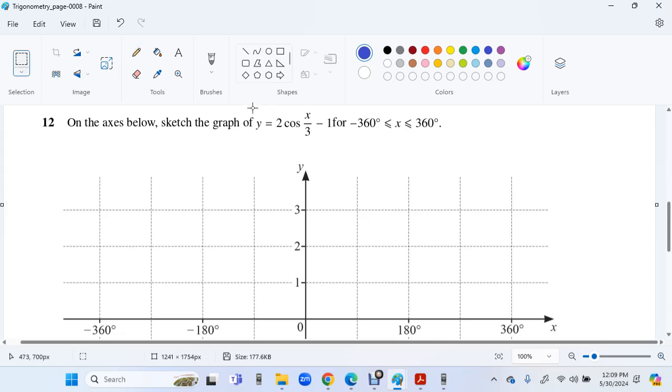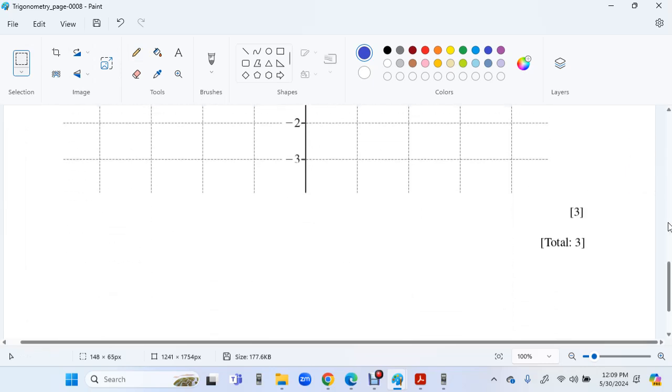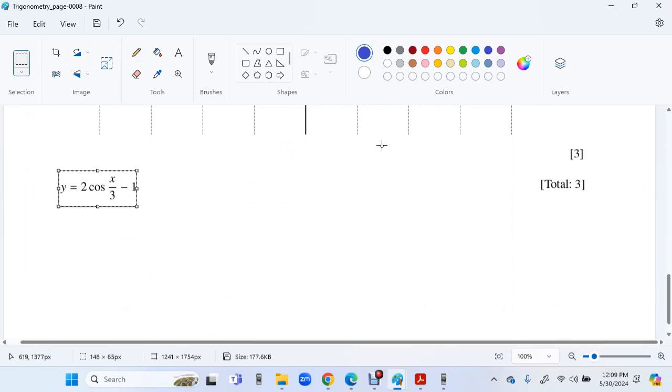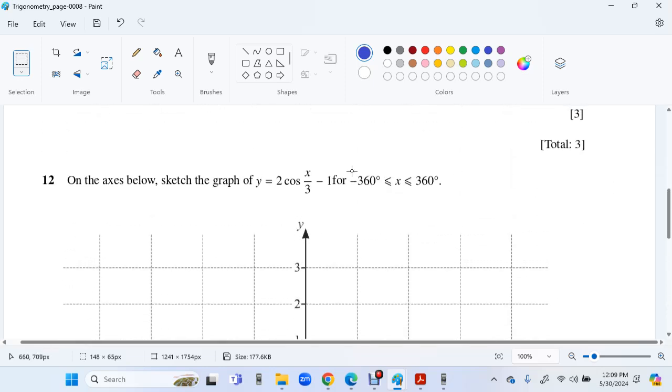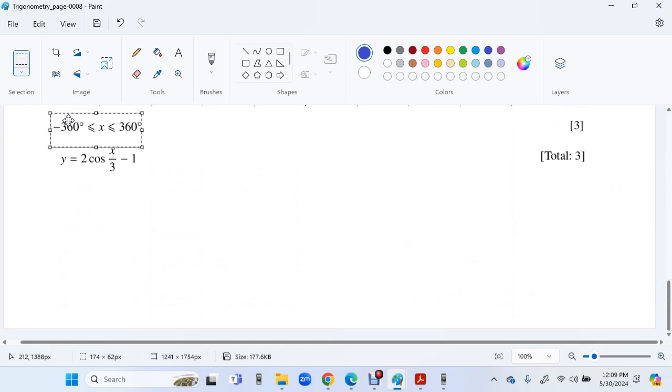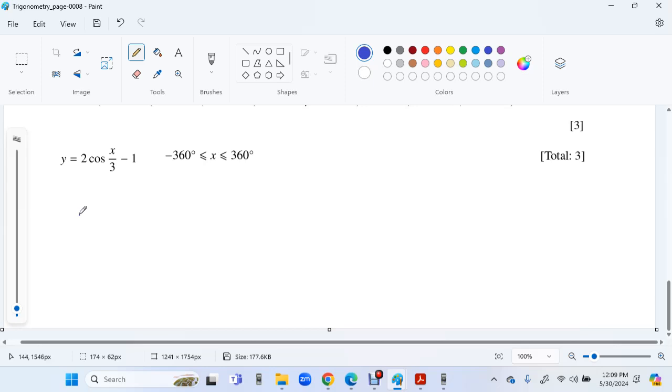Next, we want to sketch this equation from negative 360 to 360. So we know that the graph for cos is like this, this is the cos x.